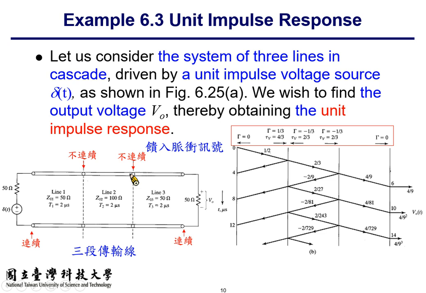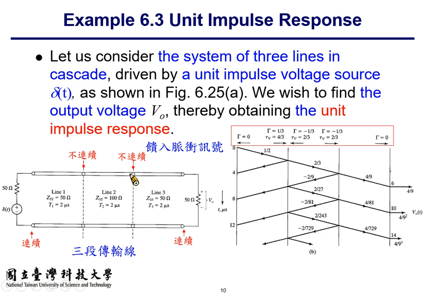Section 2 has 100 ohm characteristic impedance and 2 microsecond propagation delay. And the third line has 50 ohm characteristic impedance and 2 microsecond propagation delay as well. So the 3 sections have the same length, 2 microsecond propagation delay, if they are made of air transmission line.